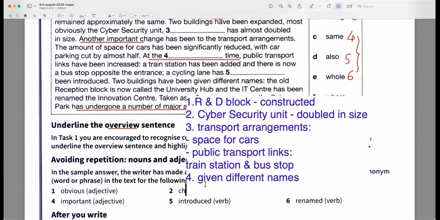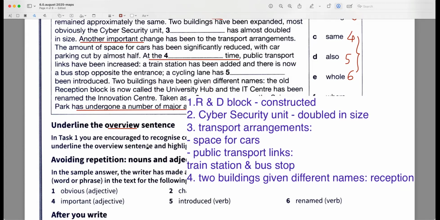Okay, so two buildings have been given different names. That is the reception block and IT center.